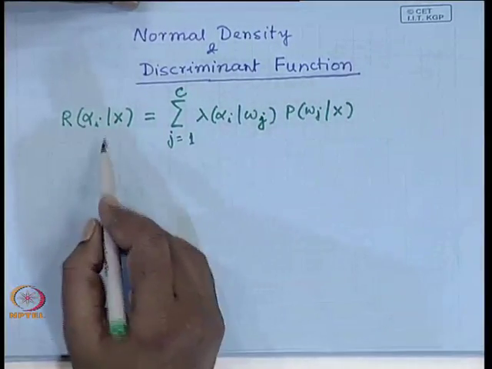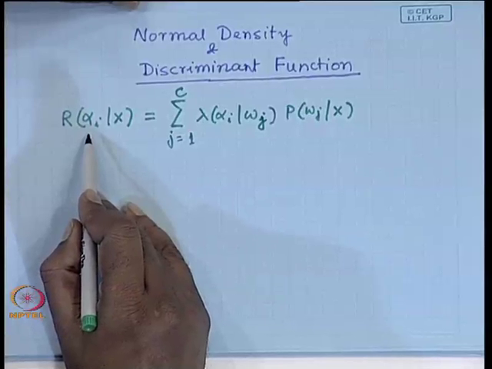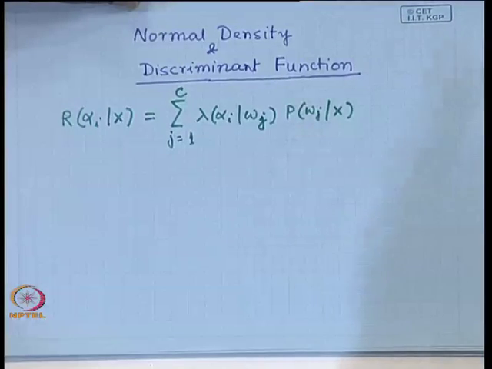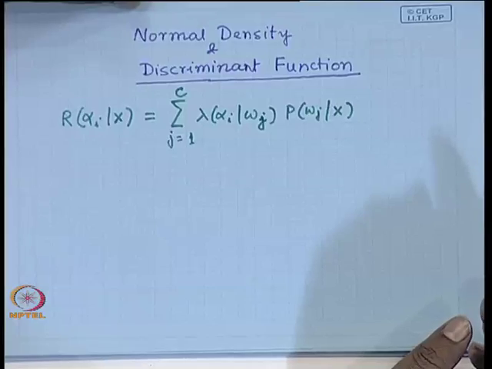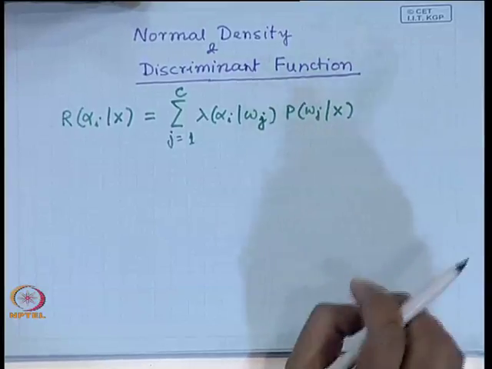So, for each action alpha i, when I have say p number of actions in my system, there will be p number of such risk functions computed, and that corresponding action alpha will be taken for which this risk function is minimum. So, that is the Bayes minimum risk classifier.